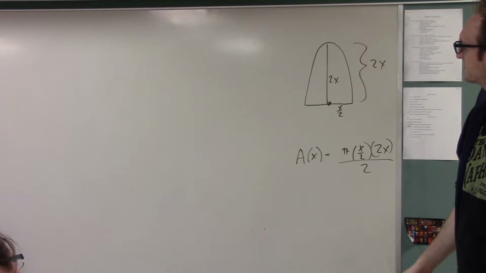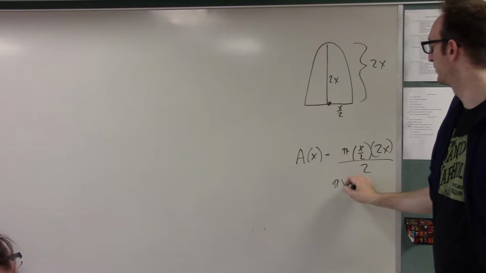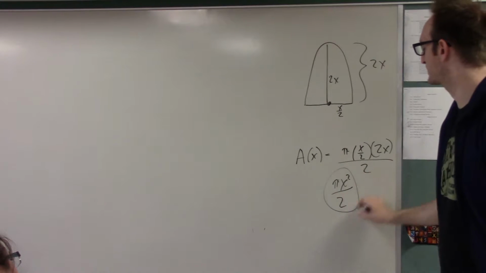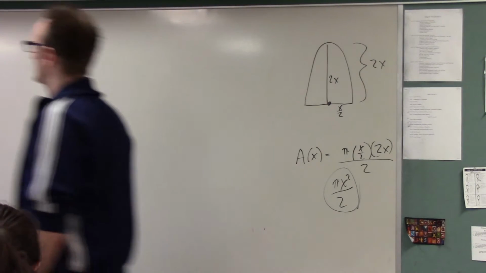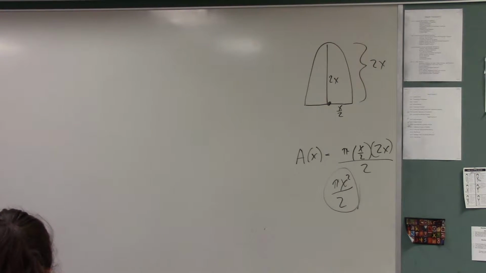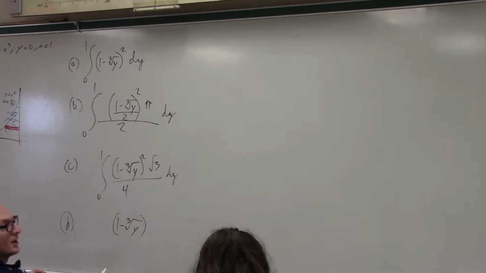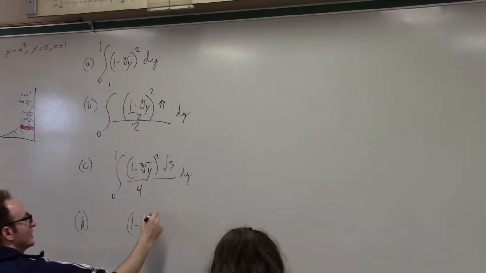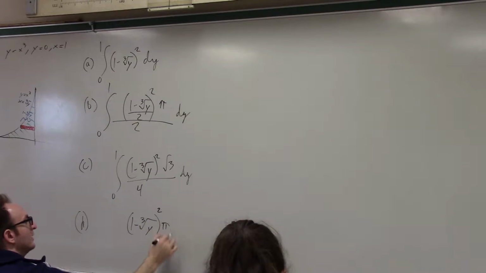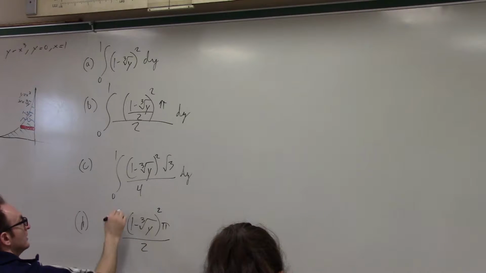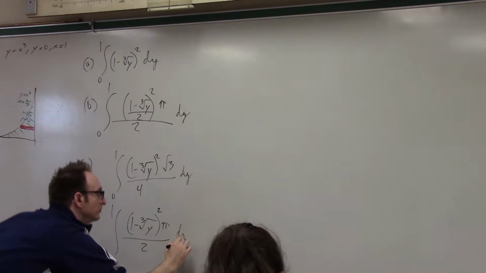Yeah. So that's pi x squared over 2. Okay, so pi x squared over 2 is the formula. So for part D, I'm going to take this 1 minus cube root y, squared, times pi over 2, integrated from 0 to 1 dy.